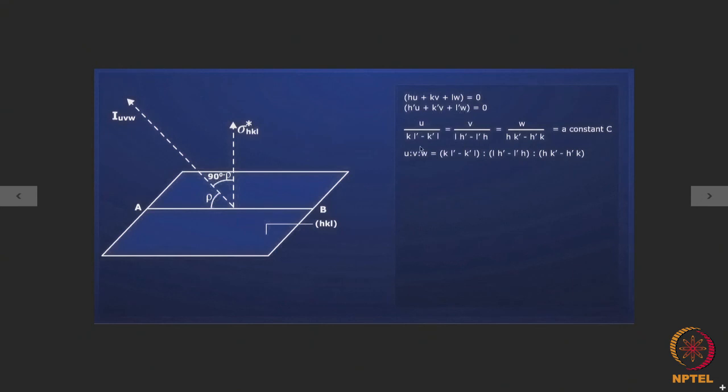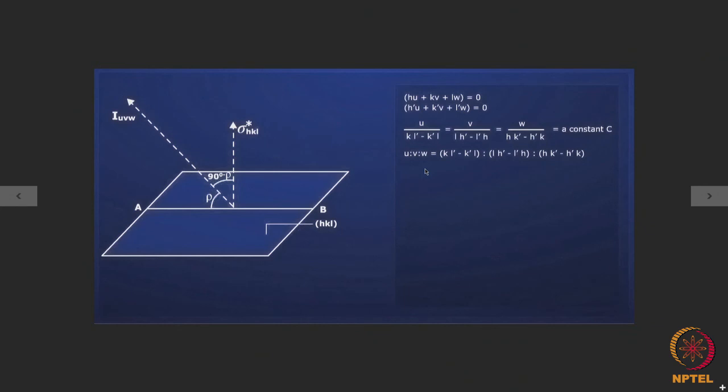And so, by cross multiplication, we can find out U divided by this is equal to V divided by this is equal to W divided by this. So, U is to V is to W is equal to this quantity is to this quantity is to this quantity, and these are known quantities because I have been given those two planes. So, I can easily find out what UVW are going to be.